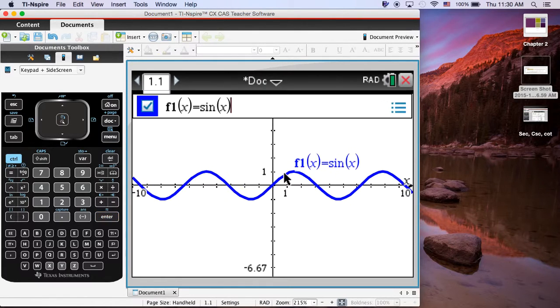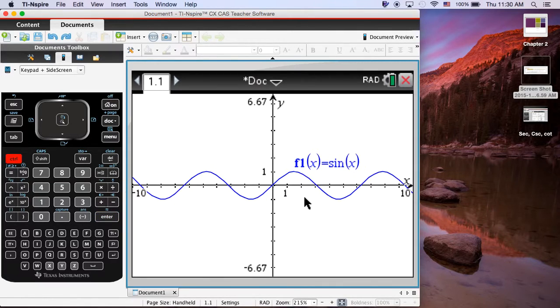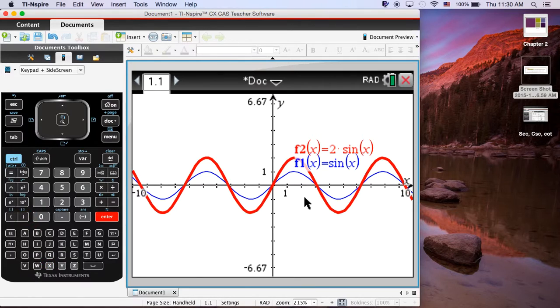So what would happen if we plug in some number before sine? For example, 2. How would it look? Okay, the wave actually gets bigger. It still hits the origin, but the highest point is no longer y equals 1. It's y equals 2.